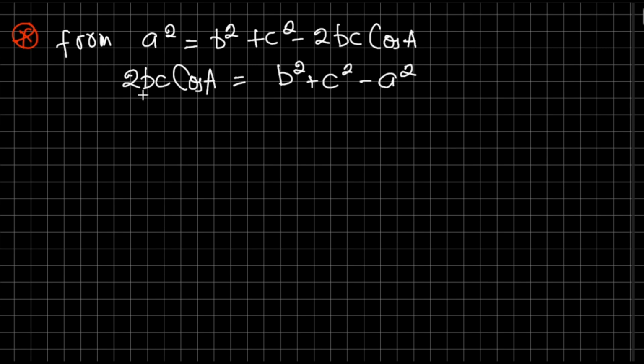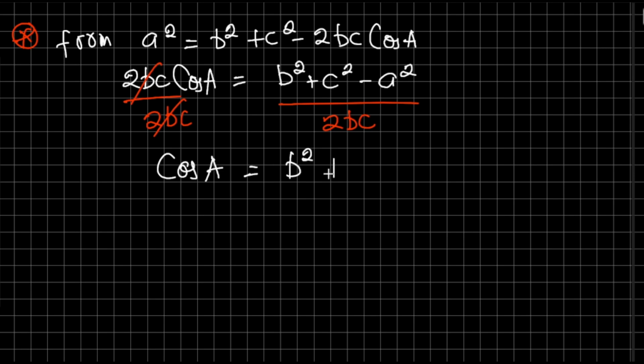Then dividing both sides by 2bc, cos A equals b square plus c square minus a square all over 2bc.